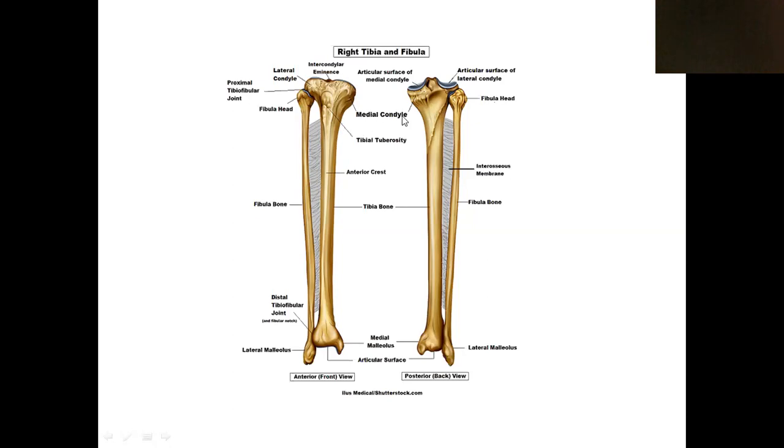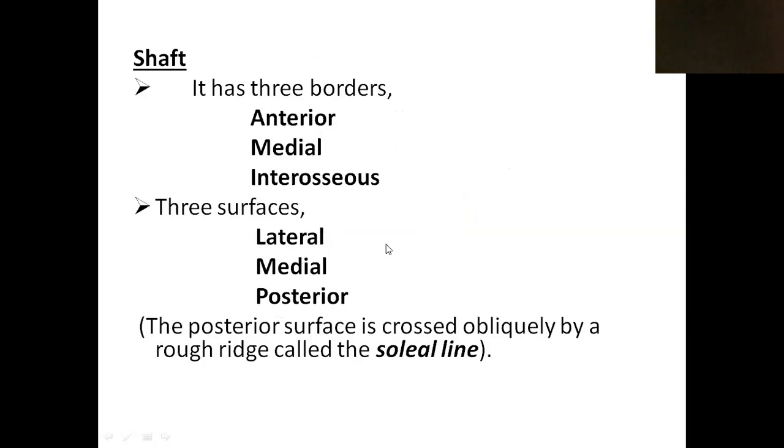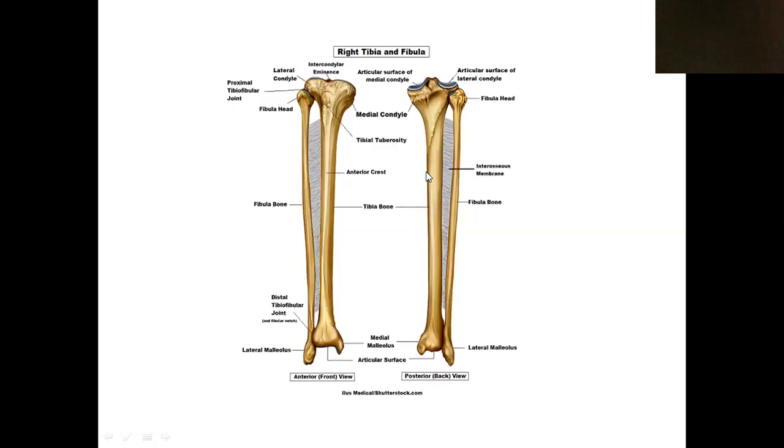Now one more surface is there, the posterior surface. See this diagram, this is the posterior view of the tibia and fibula. Here in this image, this is the medial border, and this is the interosseous or lateral border. Between the medial and lateral borders, we can say, is the posterior surface.